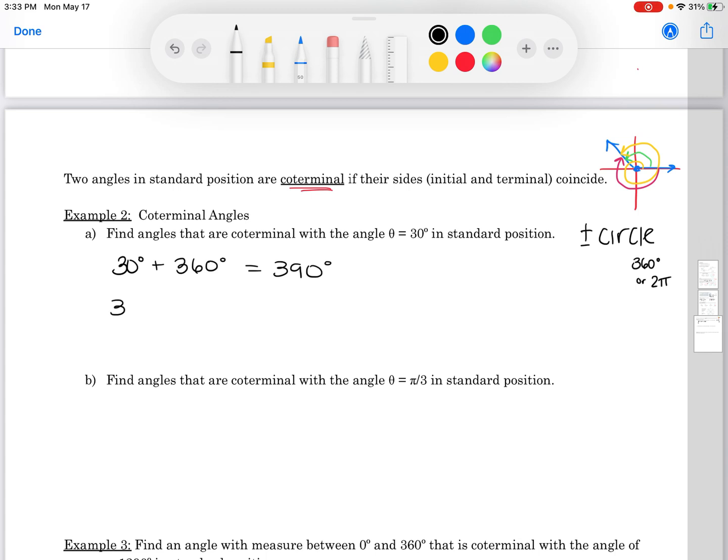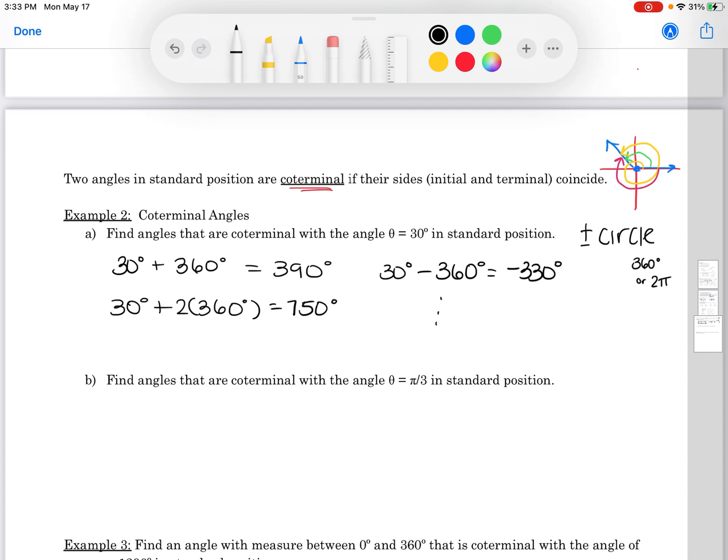If I take 30 degrees and I add 2 circles to it, 720 is what we're adding, so 750. That also would be coterminal. We could even go the other direction. We could say 30 degrees minus 360. Take away a circle. That would give us negative 330, also coterminal.